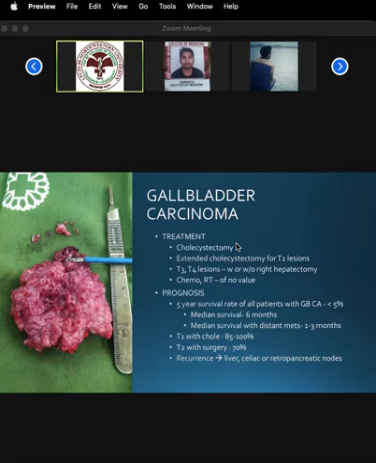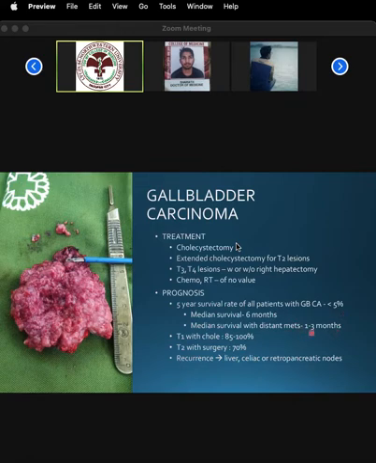So prognosis, by the time the patients are operated on, most of them have unresectable diseases. Okay? The 5-year survival rate of all patients with gallbladder carcinoma is less than 5%, with a median survival of 6 months and a median survival for patients with distant metastases of 1 to 3 months.